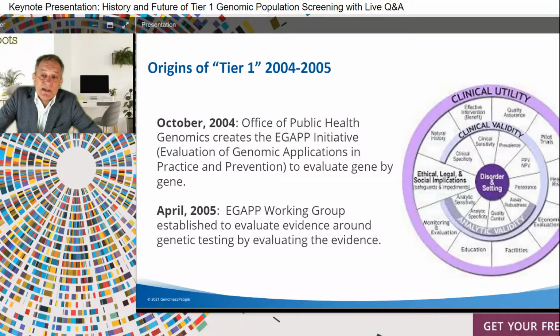For some genes, it's a little more dicey. Was there clinical utility? Did we have any real rigorous proof that finding that mutation early or finding it at all made for better health outcomes? And finally, along the whole thing, we should think about the ethical, legal, and social implications, or ELSI.